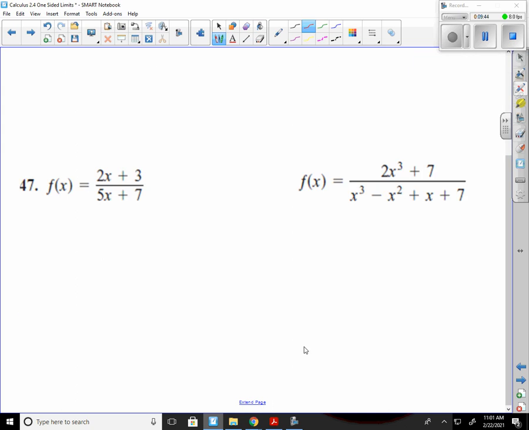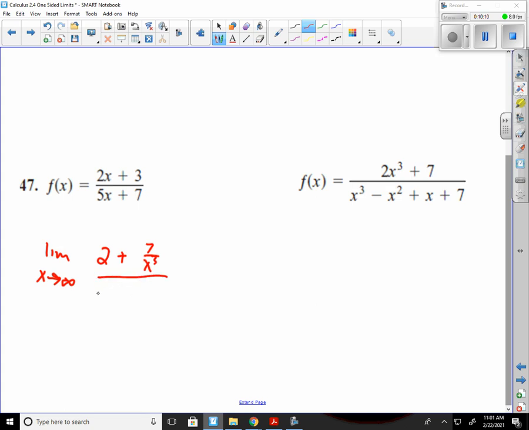So, since these are both x to the third, I'm going to do the same thing I did in my last example. Limit as x approaches infinity. So I'm going to move this over because it's all so much longer. Now I divide everything by x to the third, or the highest exponent. So that just gives me 2 plus 7 over x to the third.